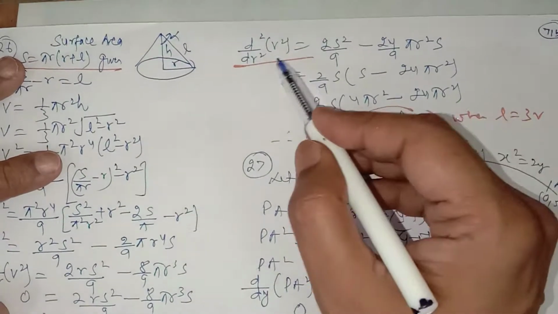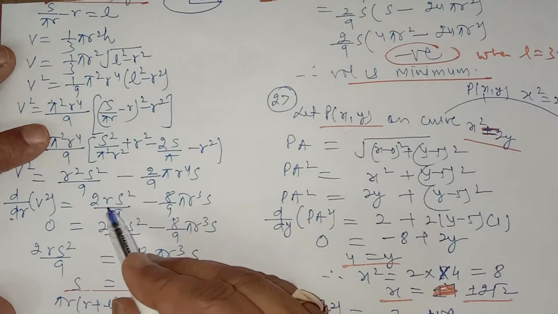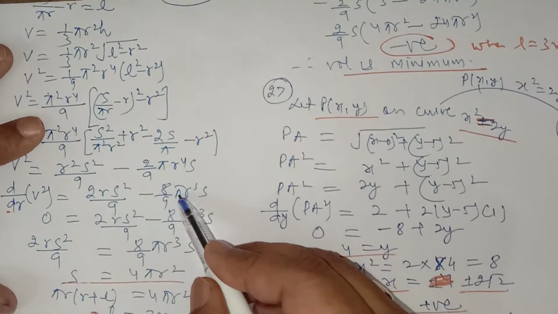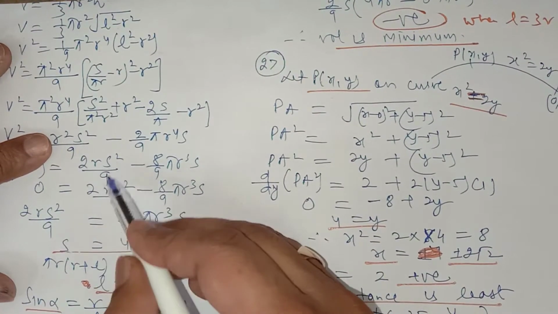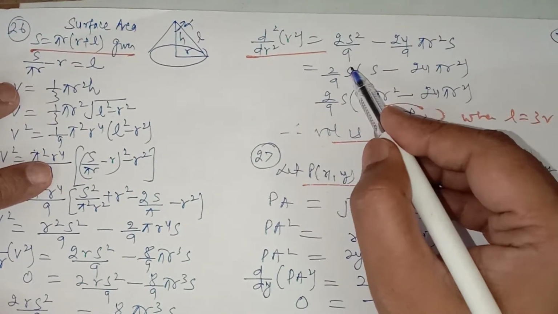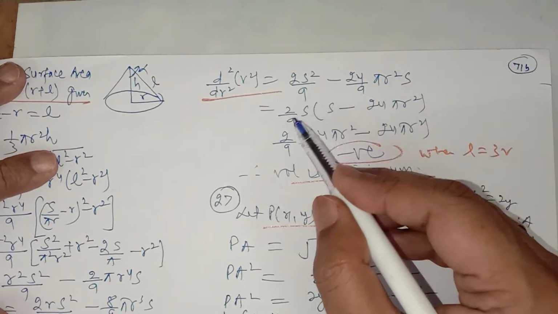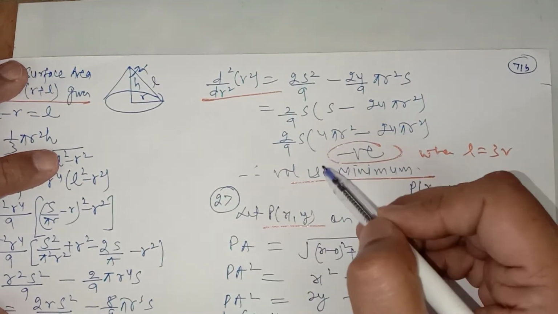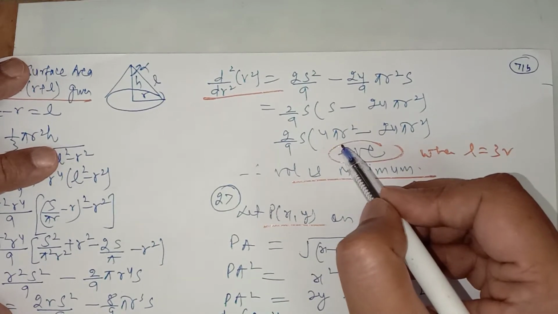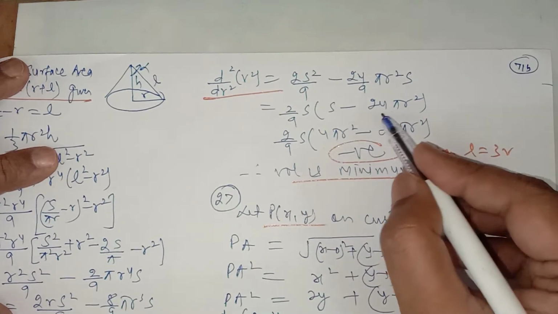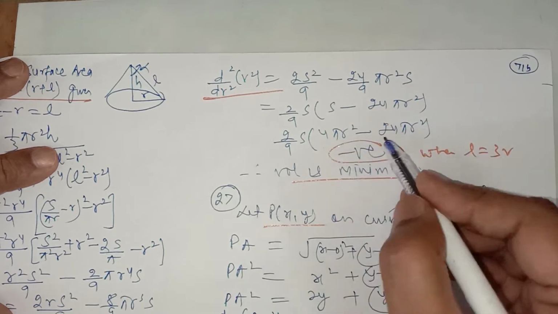Now find the second derivative of this, which is 2r S square upon 9, and differentiate it. It will be 2 S square upon 9, minus 24 upon 9 pi r square S. Take 2 upon 9 S common, replace the value S as 4 pi r square, and 24 pi r square, it is this, and this will be negative.